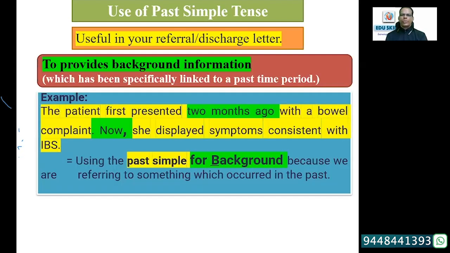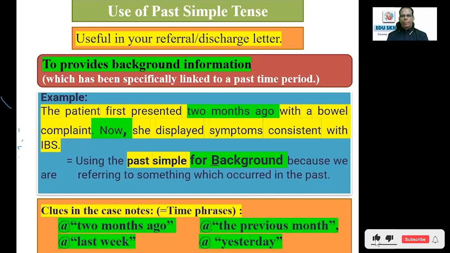Example: the patient first presented 2 months ago with a bowel complaint. She displayed symptoms consistent with IBS. Using the past simple for background. I have highlighted B in uppercase because I refer to ISBAR, because we are referring to something which occurred in the past. Past simple tense is used for background when we are referring to something which occurred in the past.